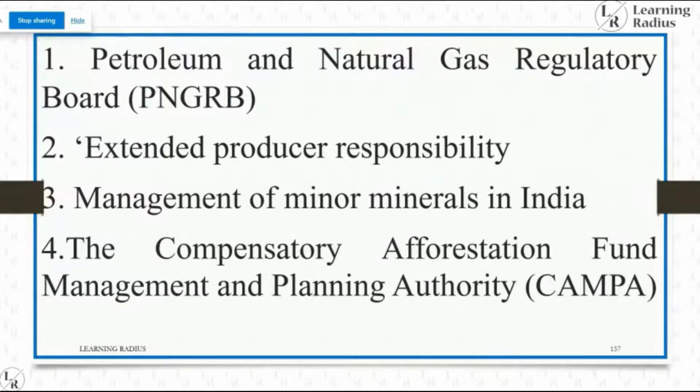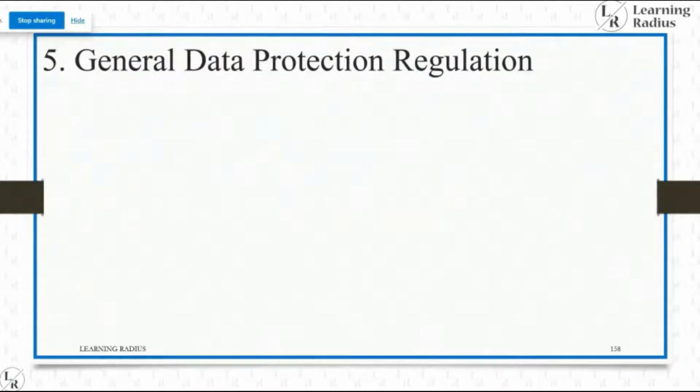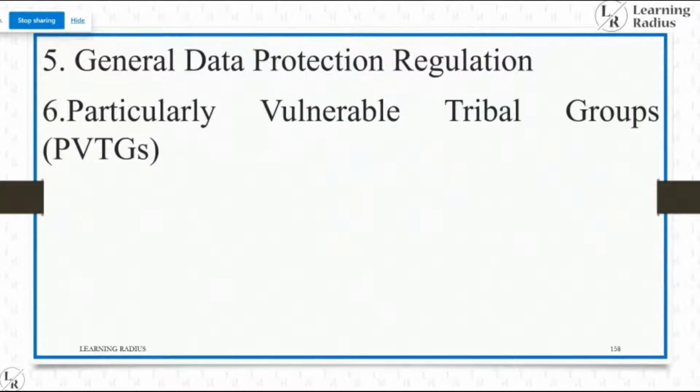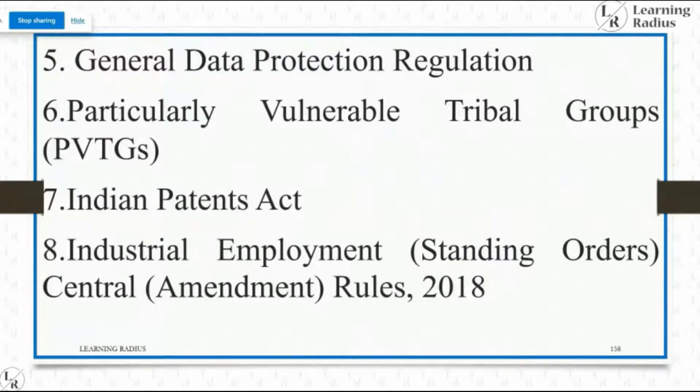Fourth topic is the Compensatory Afforestation Fund Management and Planning Authority. Fifth topic is General Data Protection Regulation. Sixth topic is Particularly Vulnerable Tribal Groups. Seventh topic is Indian Patent Act. Eighth topic is Industrial Employment Standing Order Central Amendment Rules 2018.